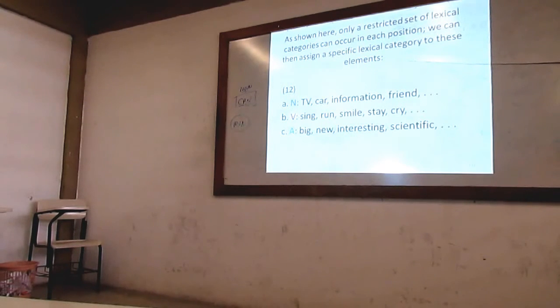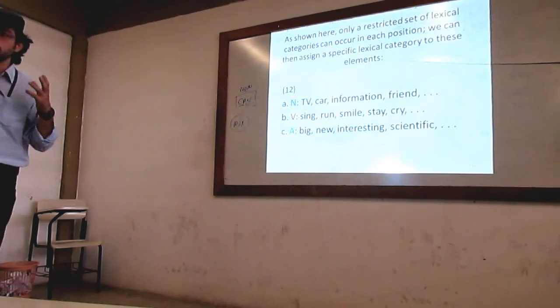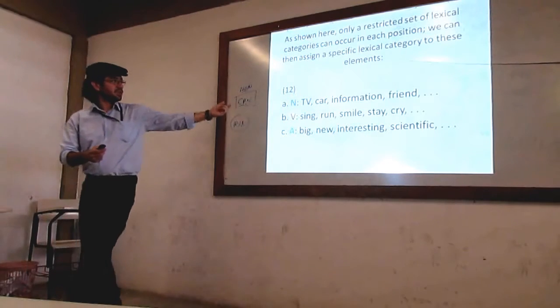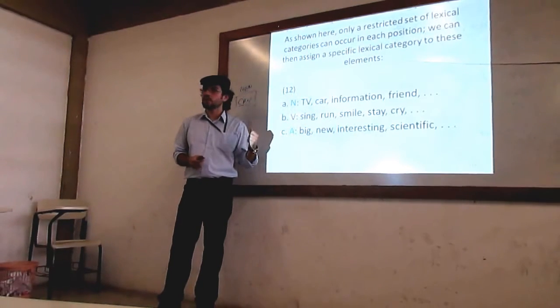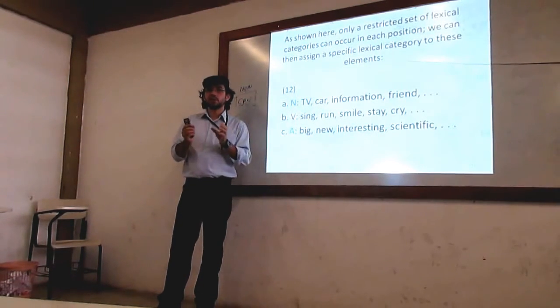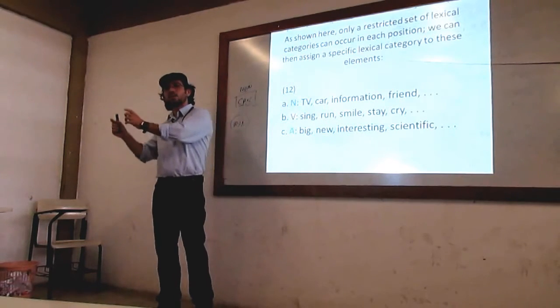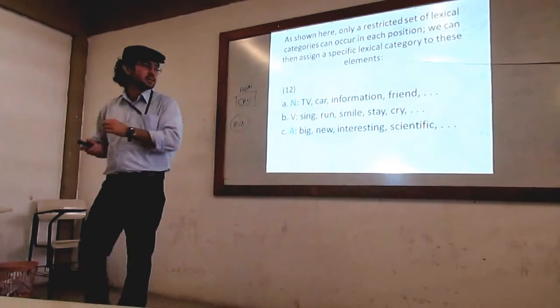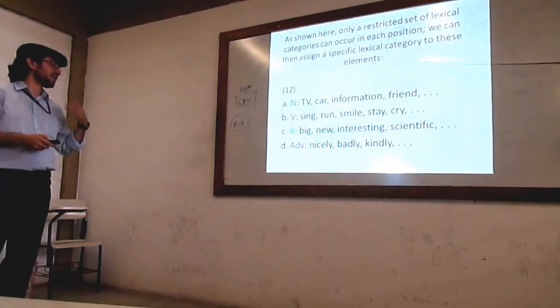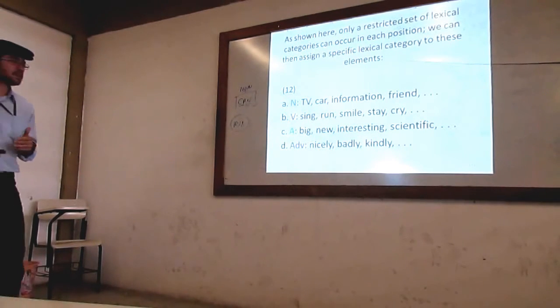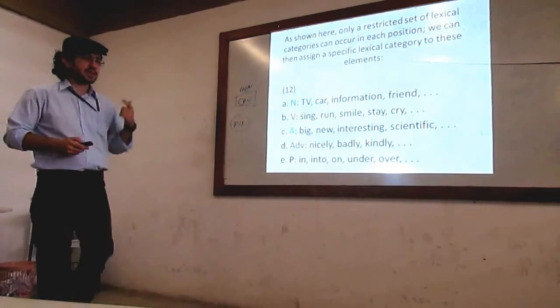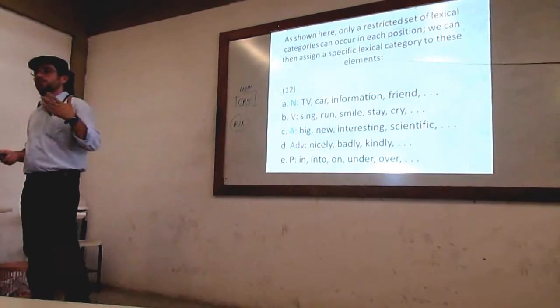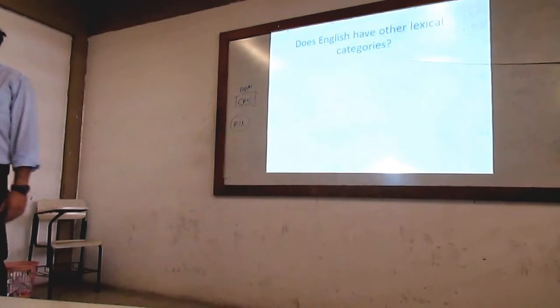Big, new, interesting, and scientific, adjectives. So we could prove why TV, car, information, and friends are nouns, because they behave so and they can stay only in noun positions and noun blanks. Okay? Adverbs like nicely, badly, kindly, and prepositions like in, into, on, under, over, and so on.